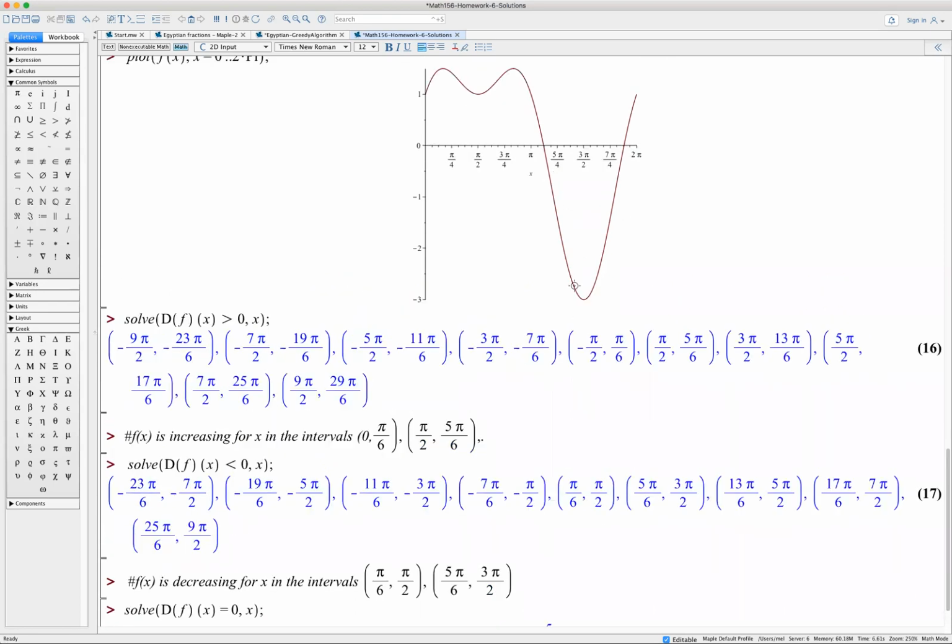But we can also tell, because here it's decreasing and here it's increasing, that, oops, what happened to this?